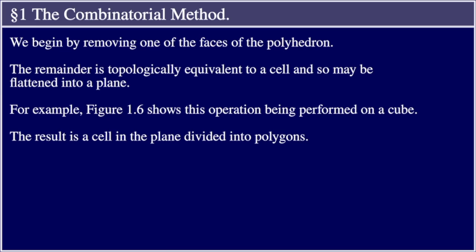We begin by removing one of the faces of the polyhedron. The remainder is topologically equivalent to a cell and so may be flattened into a plane. For example, Figure 1.6 shows this operation being performed on a cube. The result is a cell in the plane divided into polygons.